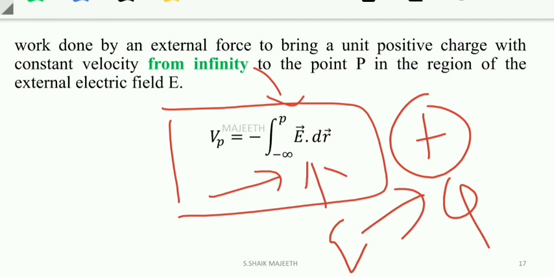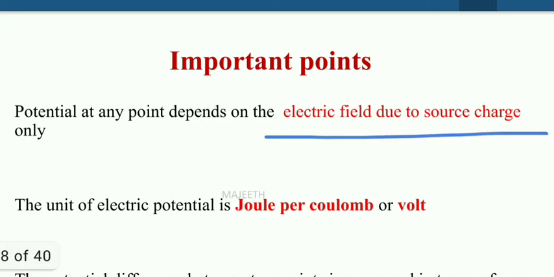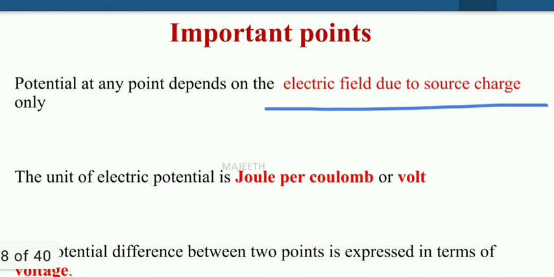Clear? This is a very important point. Next, if you are bringing your unit positive charge from infinity to point P with constant velocity, we are doing some work against the external field, and that is stored as potential energy, not kinetic. That is very important.